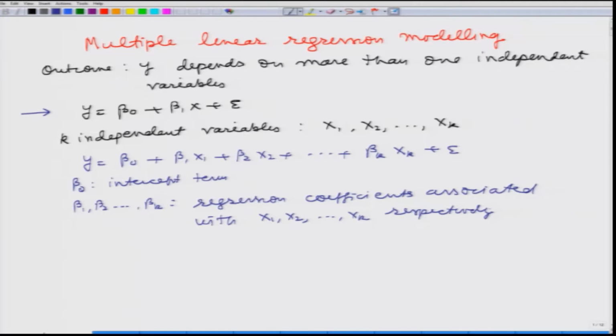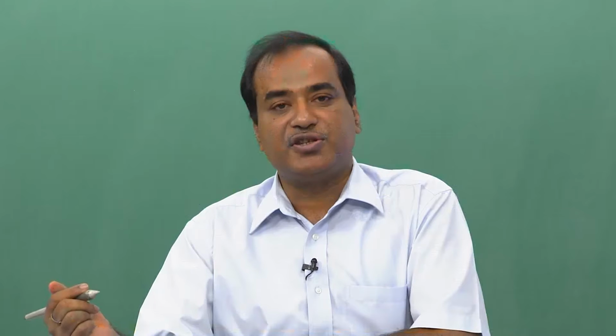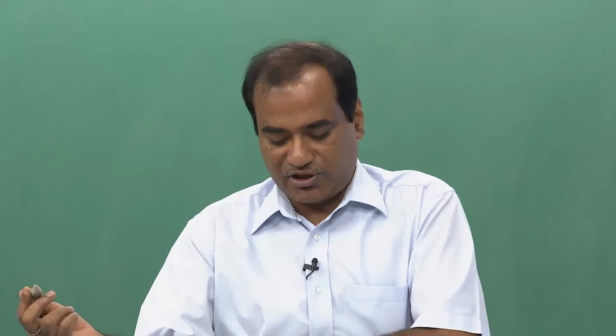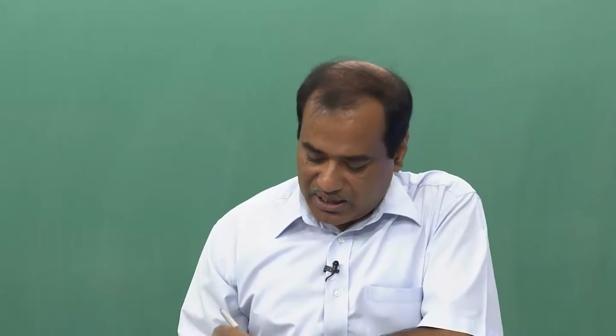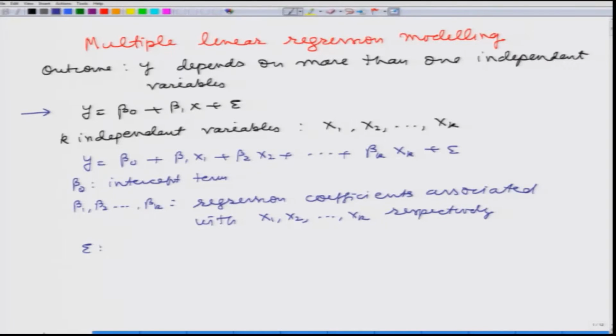Right. So, essentially this beta j is the regression coefficient associated with the jth explanatory variable xj. Okay. And epsilon is the same thing as our random error.